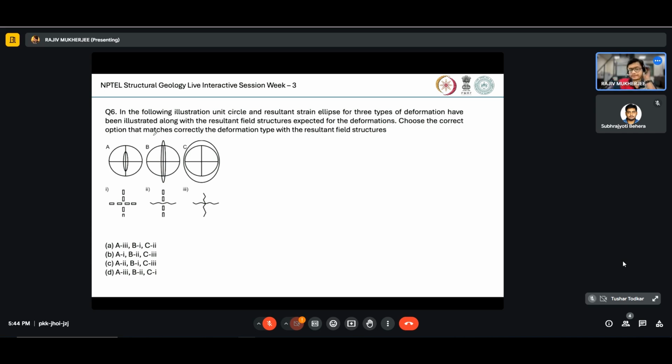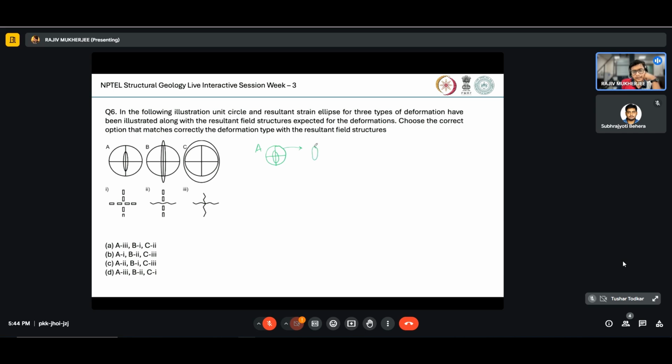So in this case, we have the reference circles with opposite diameters, right? So this was the initial case A, and then we have produced a strain ellipse which is like this. That means this circle has been compressed to this ellipse.